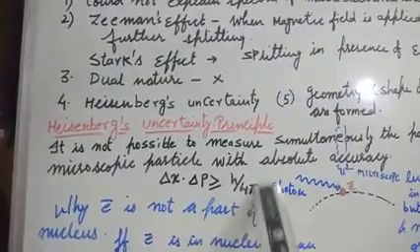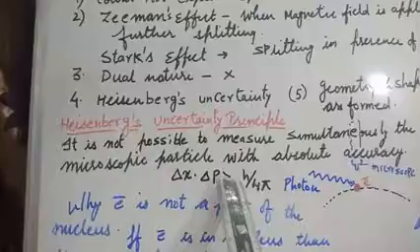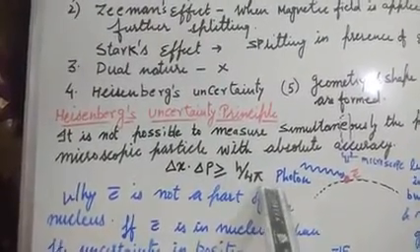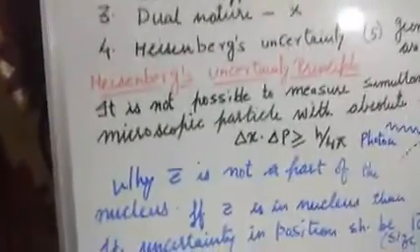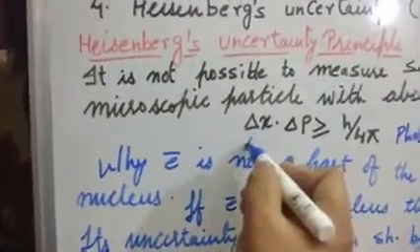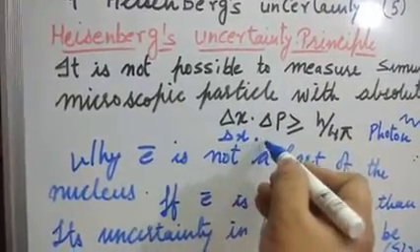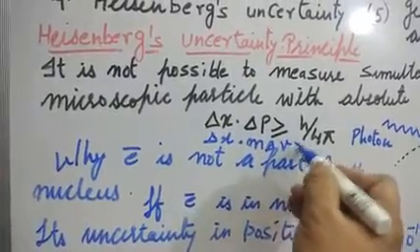Every term is a constant here, students. h is Planck's constant that you know, 4 is constant, pi is constant. This formula we can also write in different terms, like m del x del v.